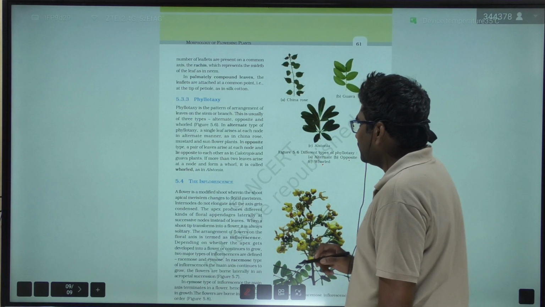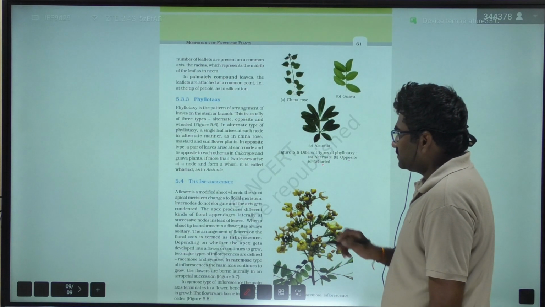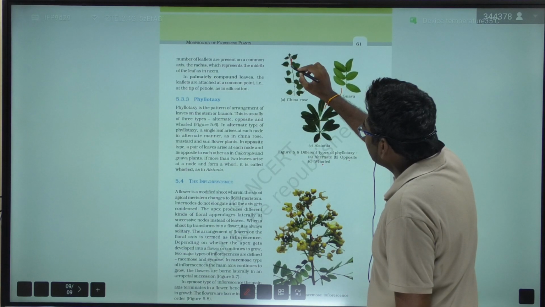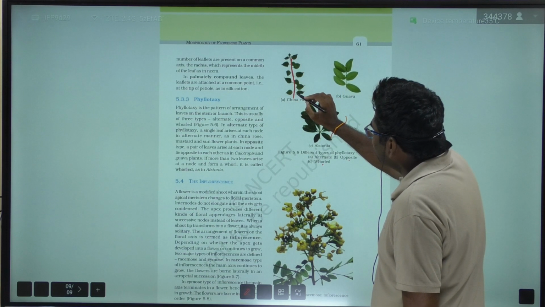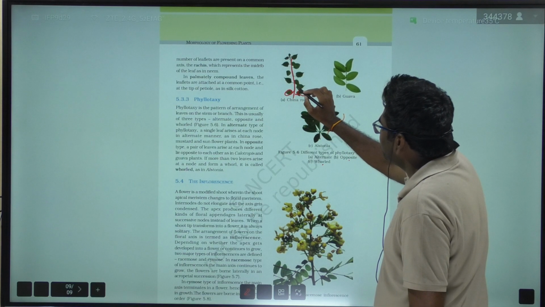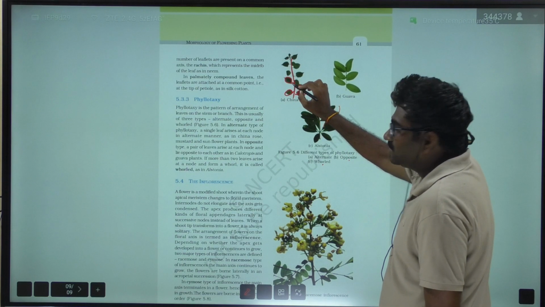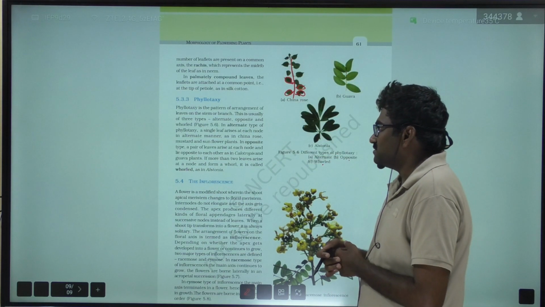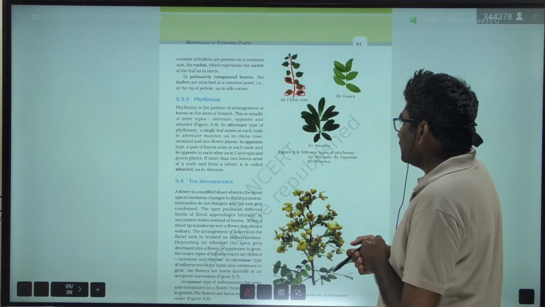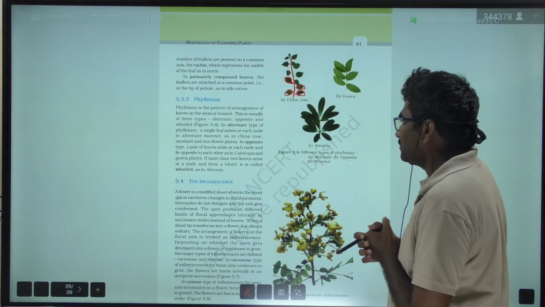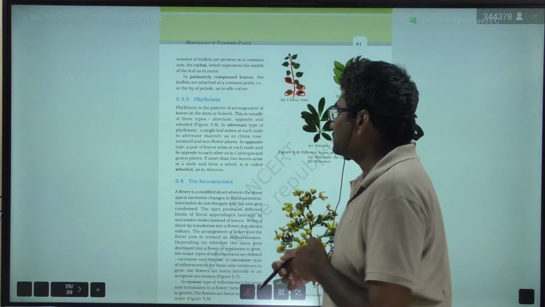In alternate phyllotaxy, a single leaf is raised at each node. If you look at this node, a single leaf is attached at each node. This is a single leaf, this is a single leaf, and so on, alternately arranged. This type of arrangement is known as alternate phyllotaxy, and it is found in China rose, mustard, as well as sunflower.